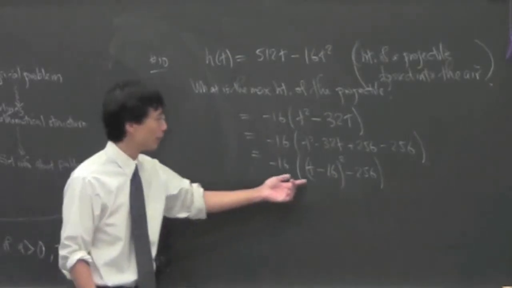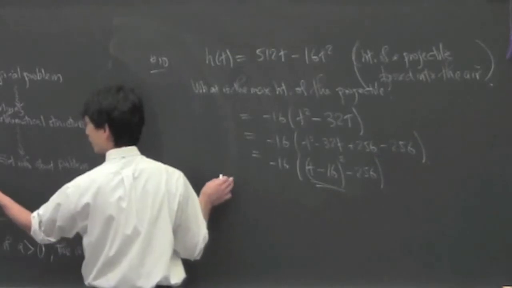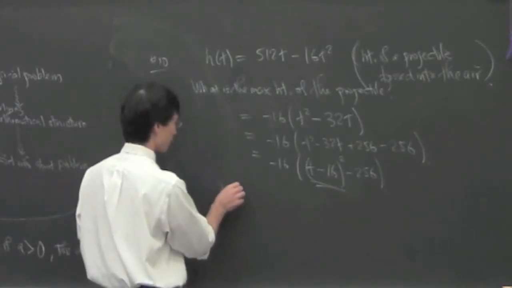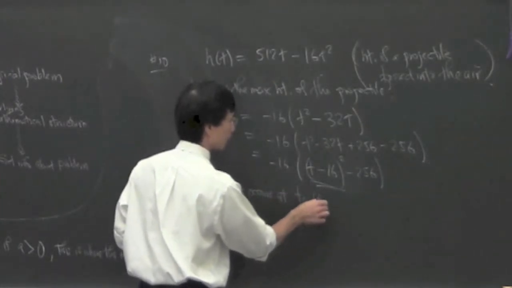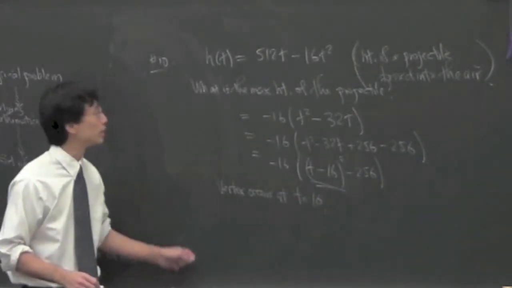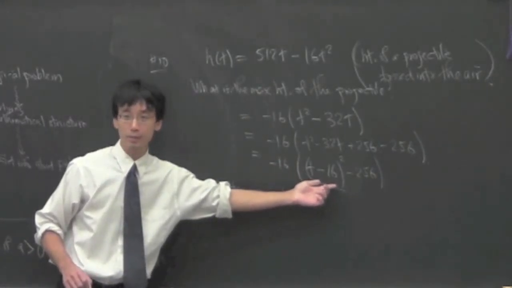Right. So from here, what do you see? You see that the vertex occurs at t equals 16. Here you see that the axis of symmetry is at 16.